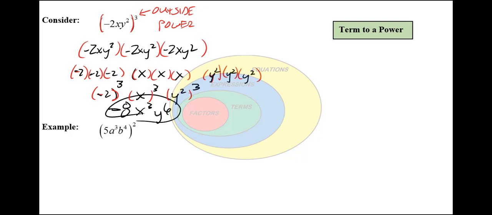So what's happening is that now I have a full term inside. So in terms of composition, I have a term to a power. So it'll look like this. I got my parentheses. Inside I have a term, and this term could consist of a whole bunch of factors. We have a term to a power.